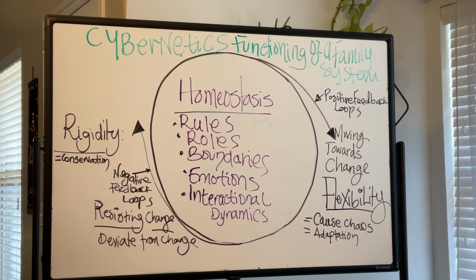So the homeostasis is, you have rules and roles, the boundaries and emotions and interactional dynamics that allow the family to communicate with each member with the other, or subsystems with the other. So anything that diverts that homeostasis to something else because you're bringing in change is going to be disturbing the system.